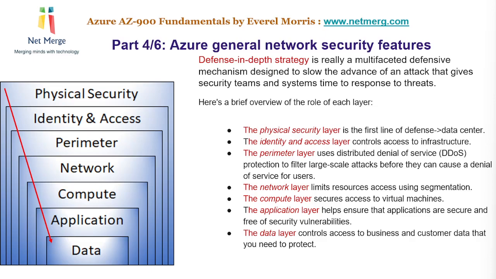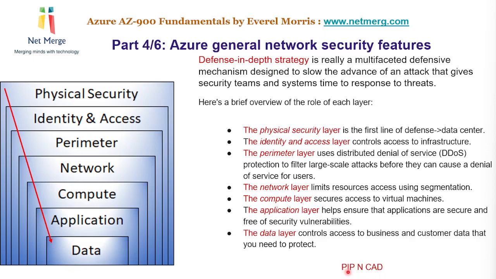Now we're going to look at them in a little bit more detail. Before I carry on, I just have a little acronym that I created just for my own personal purpose when I was preparing for this exam. I just use this acronym so I can at least identify each of the core layers in the defense in depth strategy.